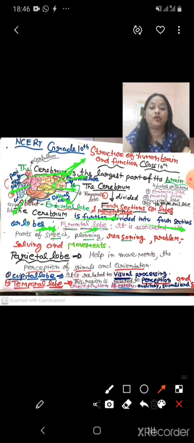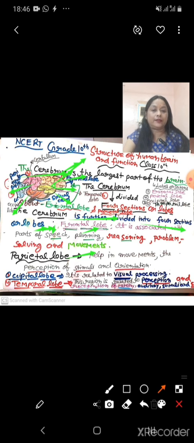The frontal lobe is associated with speech, planning, reasoning, problem solving, and movement. These are the main functions of the frontal lobe.